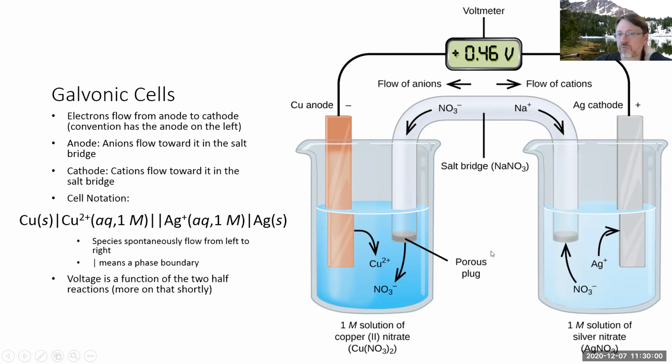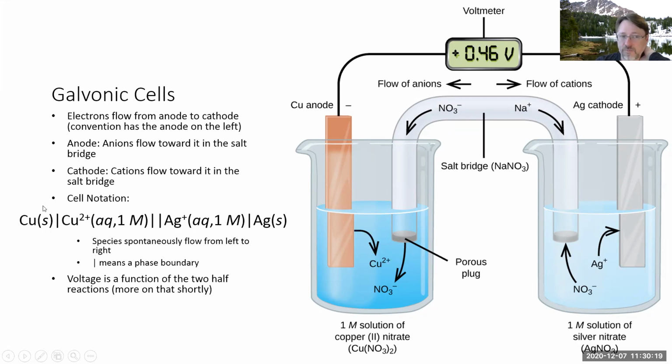And then we can abbreviate this whole diagram with what's known as electrochemical cell notation, where we are writing the process that's happening as though it's moving from left to right.